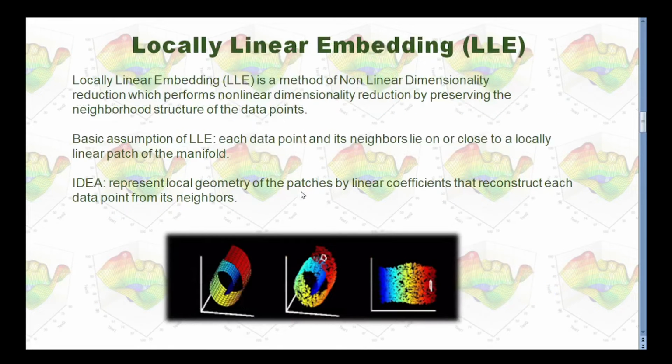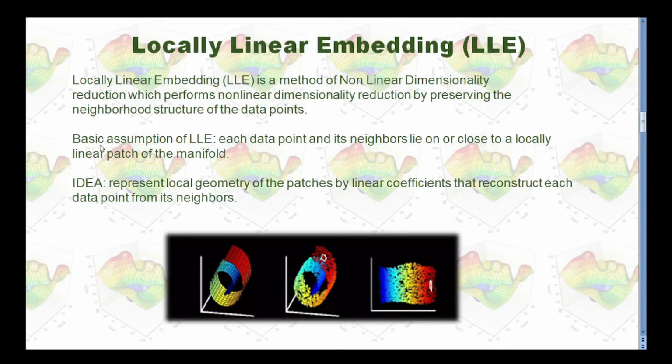Then, how about locally linear embedding, LLE? LLE is a method of nonlinear dimensionality reduction, which works by preserving the neighborhood structure of the data points. This is similar to Isomap.